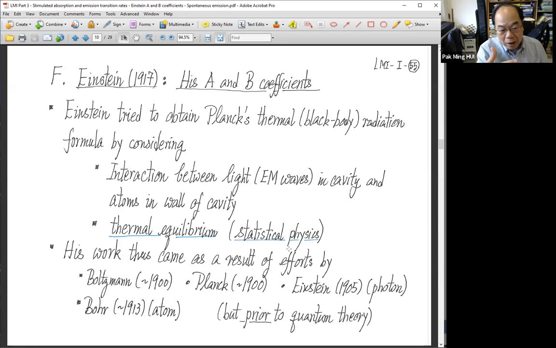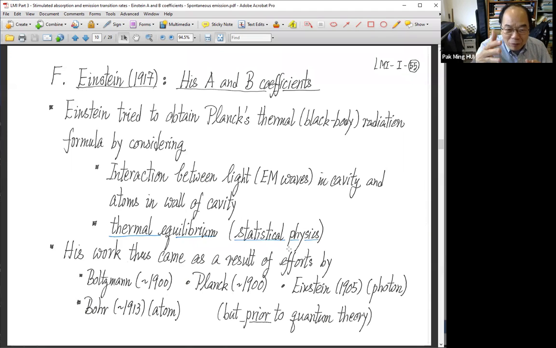spontaneous emission. The way in quantum mechanics to do it is we have to do quantum field theory. That is to say, we have to quantize the EM field first, and then work with the atom and the quantized field, and then we realize the vacuum. You don't do anything about it, the vacuum is not nothing. But this is beyond the scope of our course. So we find a detour.